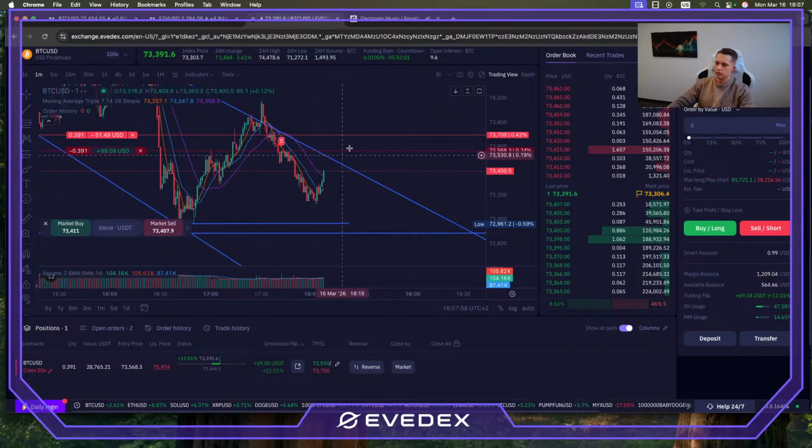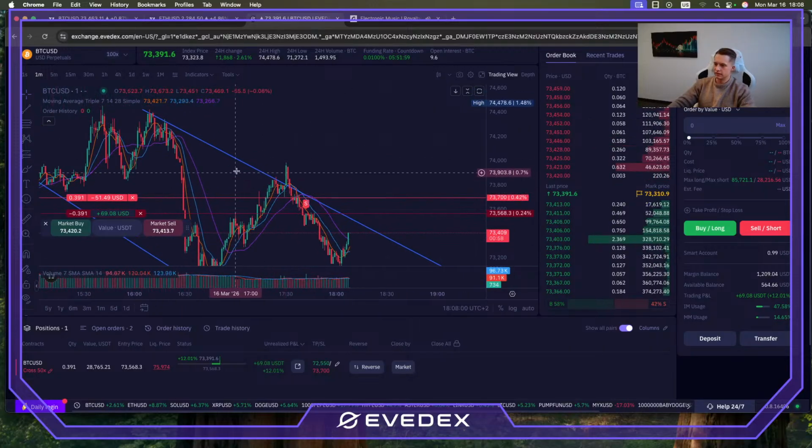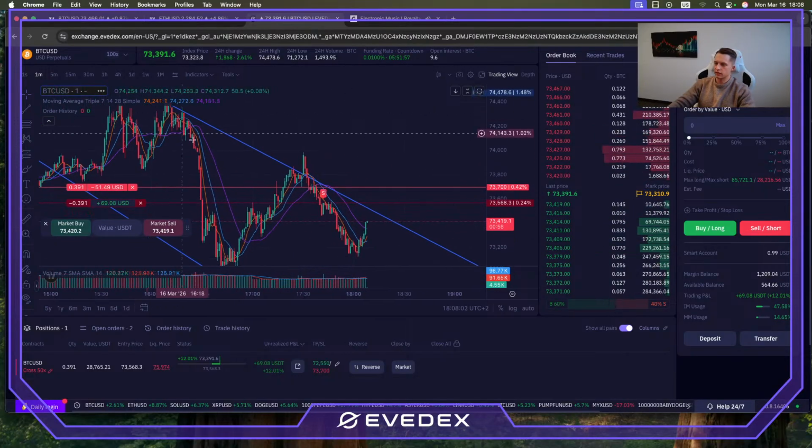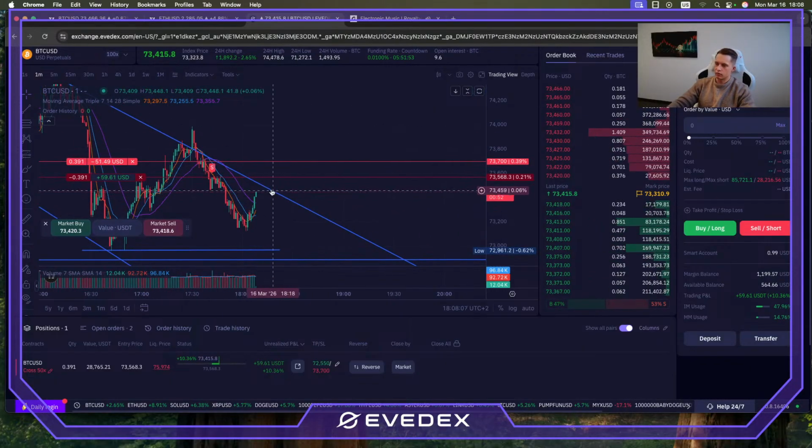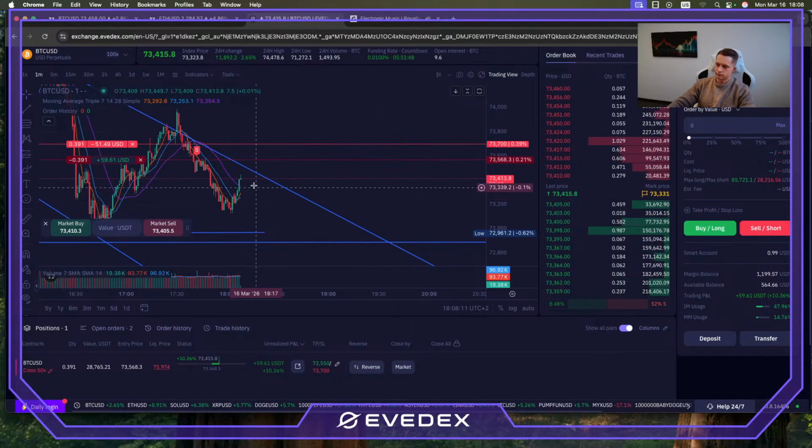As you can see, we've already got 2 peaks here. So this is the top of the peak. Now we have the next peak, and potentially what we can see here now would be that 3rd peak, and then a continuation going forward.